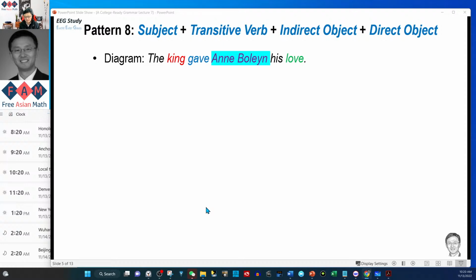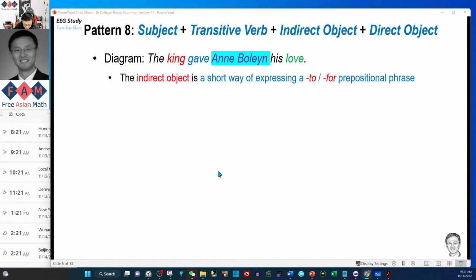The funny thing is that with this understanding, how do you diagram this sentence? We already said that the importance of a diagram is to help us understand the sentence structure, and every single word should appear somehow, somewhere in the diagram. Every single word. Otherwise, it won't make sense. So how do we diagram this sentence?